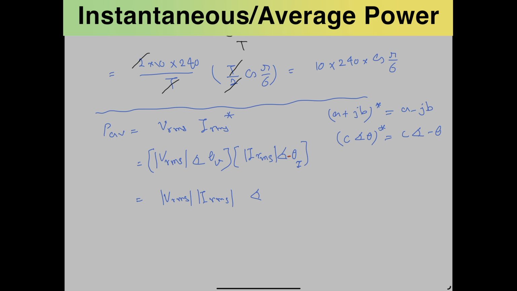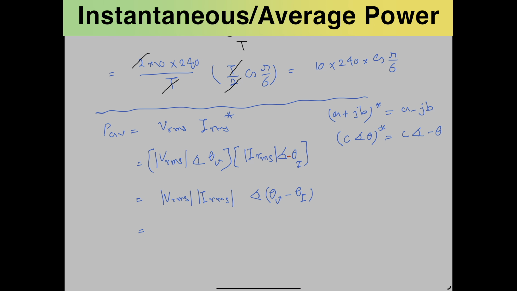And in terms of the phase, those phases are going to be superimposed. In this case, theta V is going to be minus theta I. Since we are dealing with positive theta V, we have the positive theta V here, and a negative theta I.